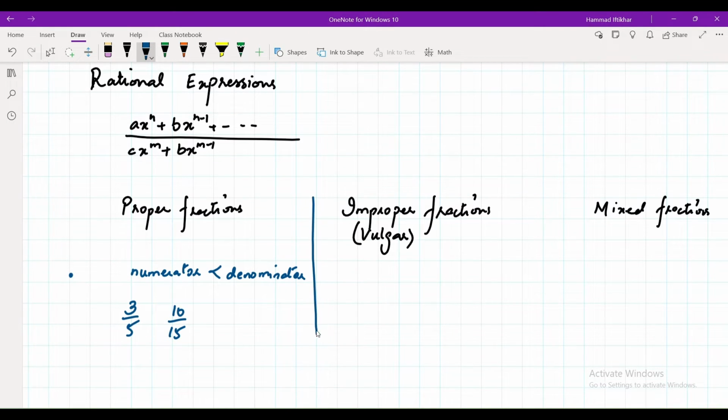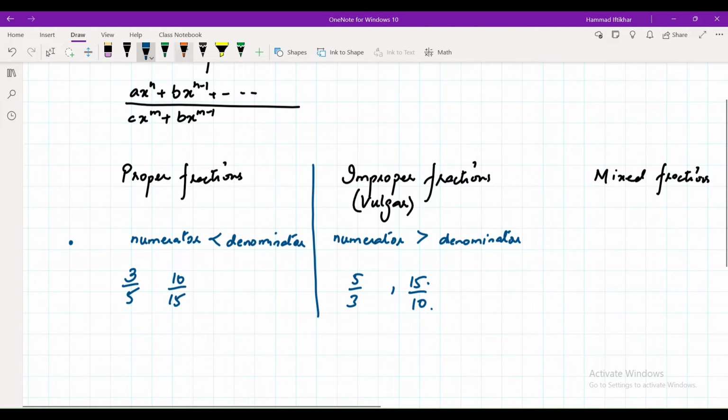Improper are those where the numerator is greater than the denominator. So for example, 5 over 3, 15 over 10, numerator greater than denominator. When we have improper fractions, we can convert them into mixed fractions.